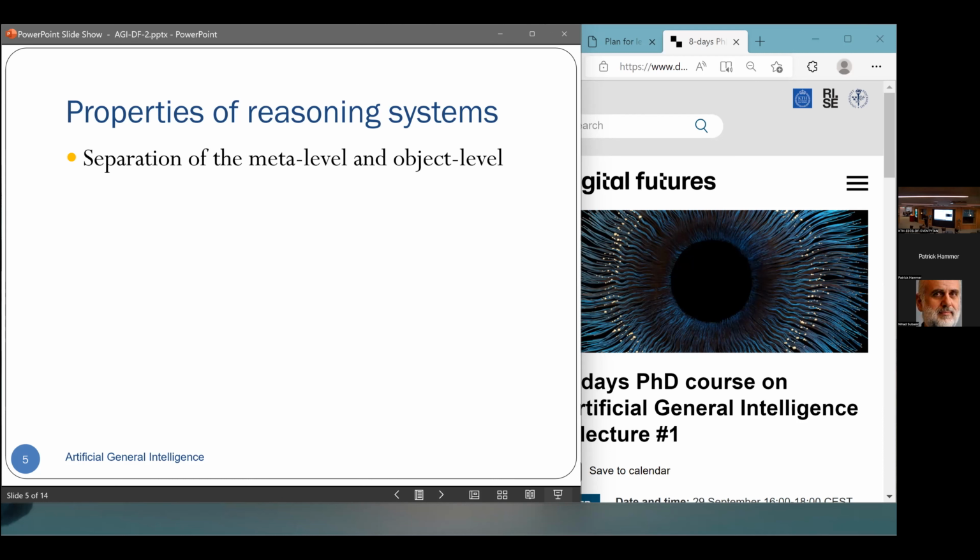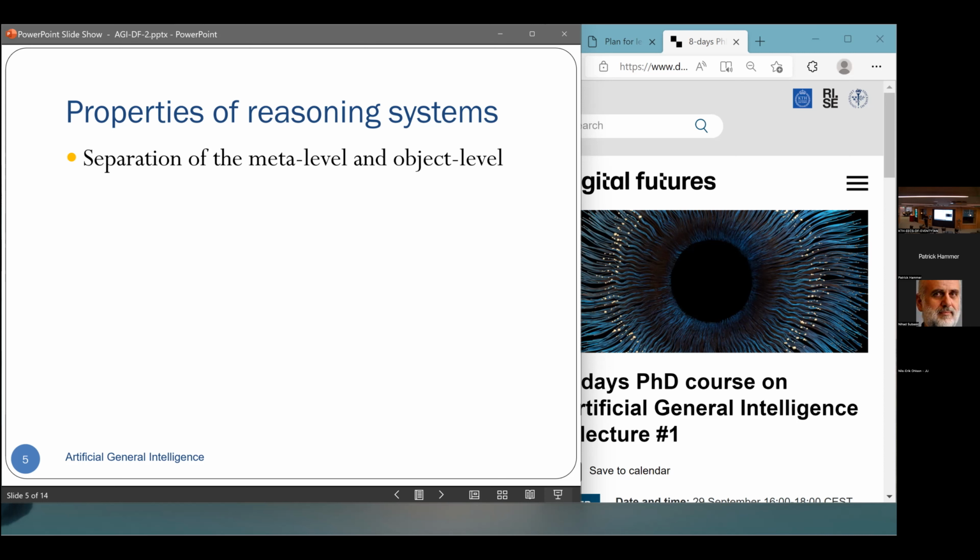Or you can say one is the content, the other one is the mechanism you use to manipulate or to process the content. And the same separation can be done in other representation frameworks, but it's more clear in the logic framework. And later we'll see this distinction matters a lot in our design.